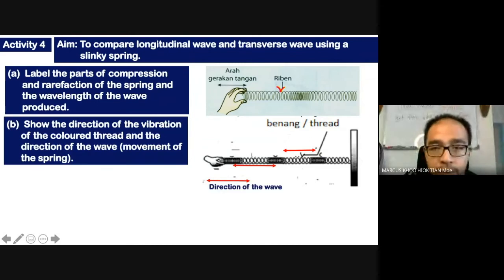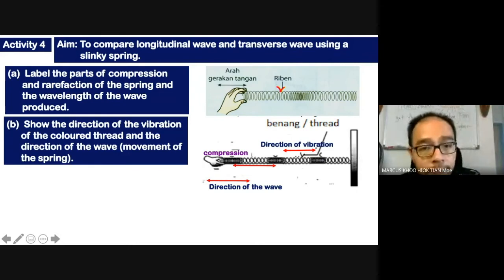The direction of the wave is this way, and the direction of vibration is here. Where the waves are tight, we call these compression areas, whereas where the waves are loose, we call this rarefaction. So a lot of new words. Where the waves are tight, we call it compression, and where the waves are loose, we call them rarefaction areas.